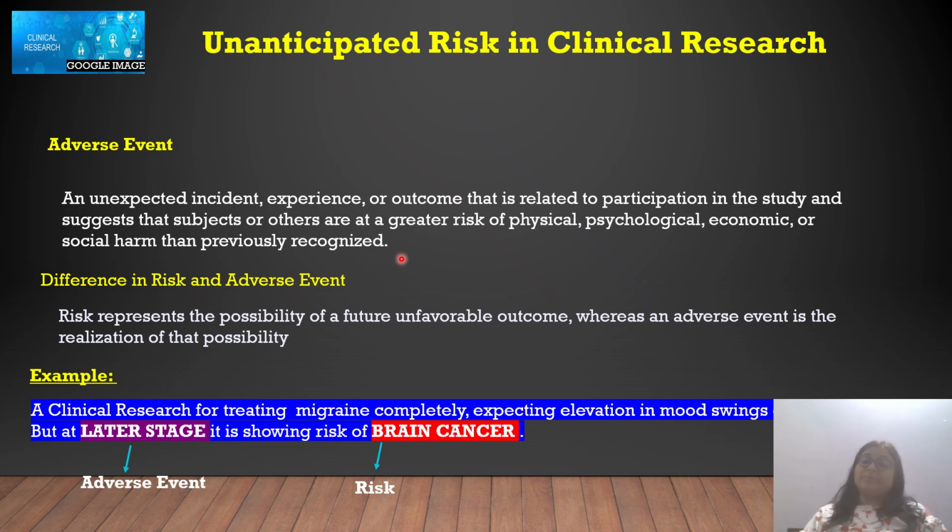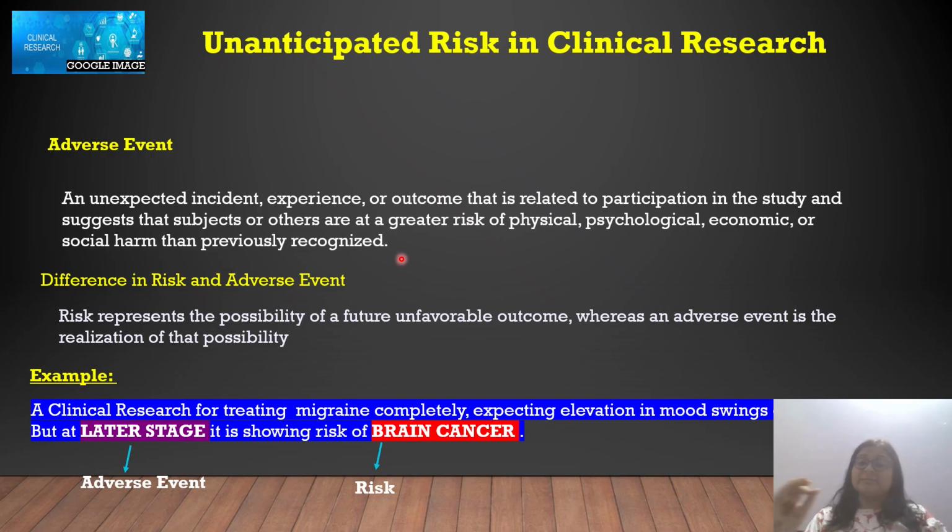Now, what is the difference between risk and adverse event? As we are talking about our first example, when the whale is coming, it is the adverse event. And what is the risk of that? The risk is that the whale will take that person inside the sea. So see, it is a very thin line of difference between the adverse event and risk.